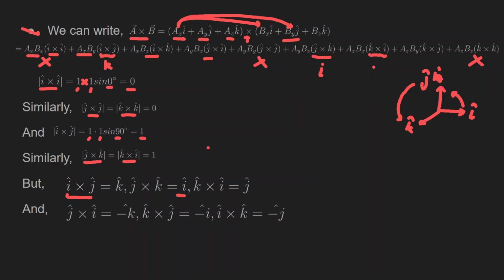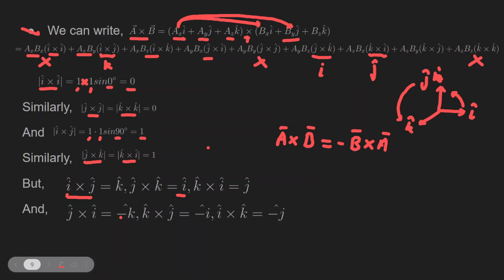Now, we have studied that A cross B is equal to minus B cross A. So if I reverse the ordering, so it is I cross J, if I do J cross I, it will pull a negative sign.